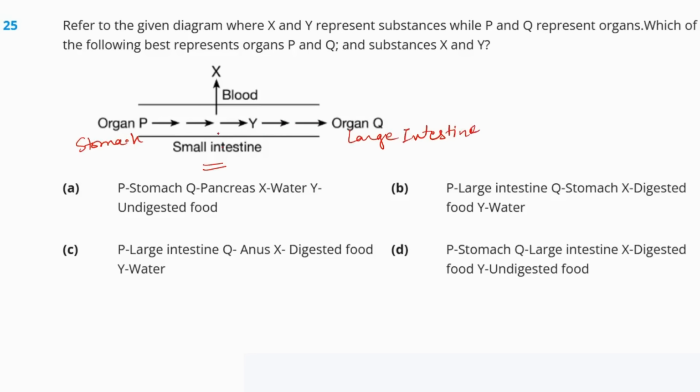What would be absorbed by the blood? It would be digested food, means your nutrients. What would be going away? Undigested food. So what would be my answer over here? My answer, very simple, would be option number D.